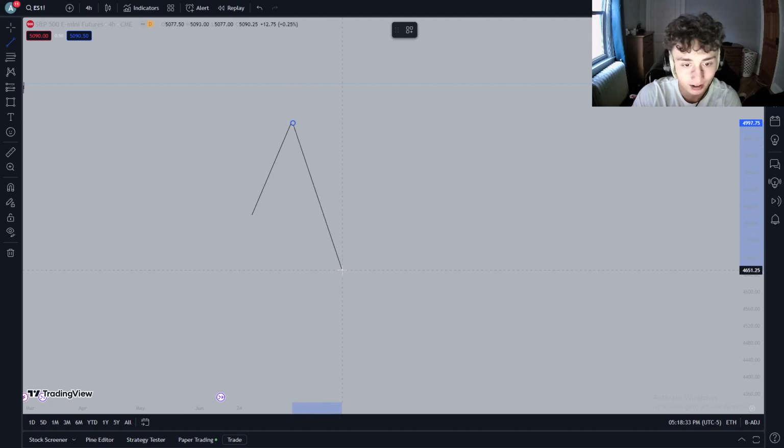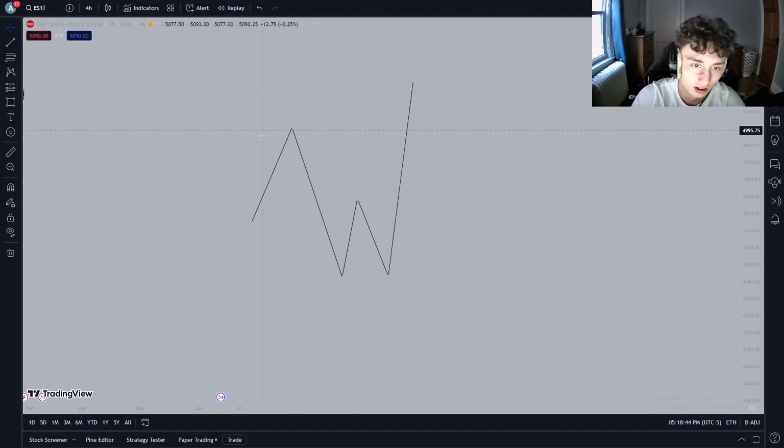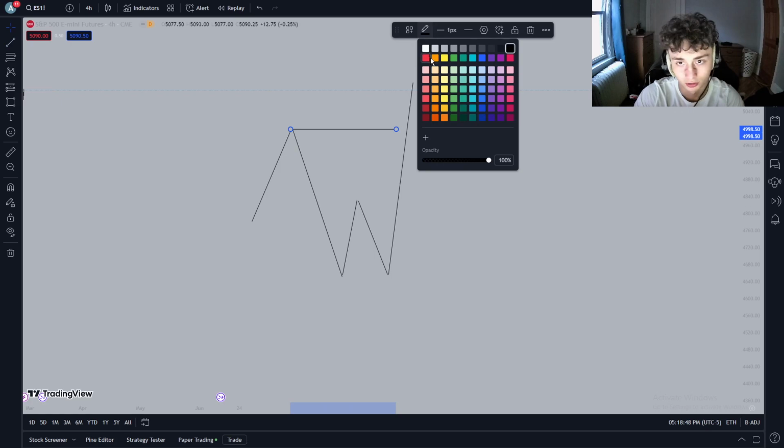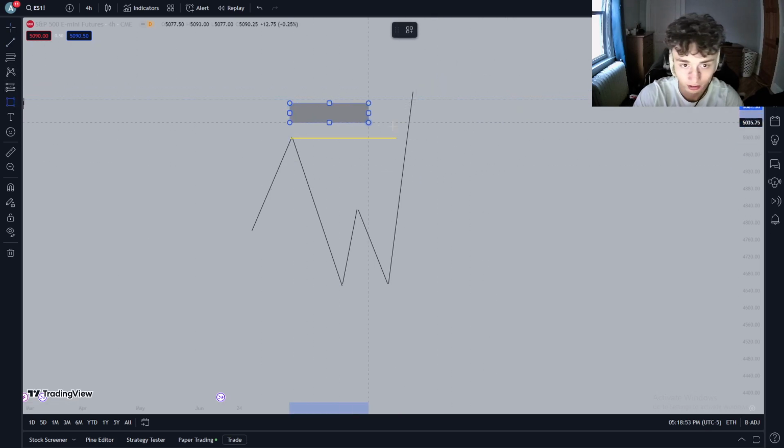When you have highs and lows and highs and lows like this, right? For example, this is an old residing high. So you would mark that out, right? There is buy side liquidity.